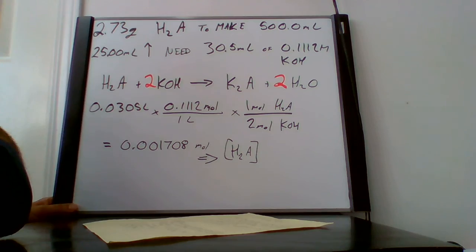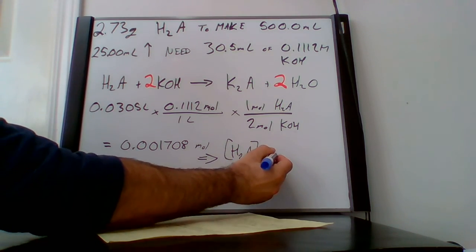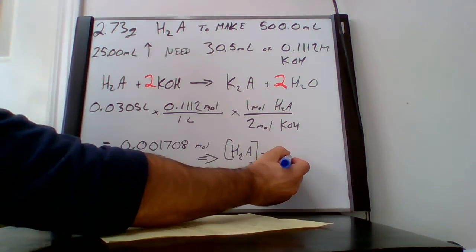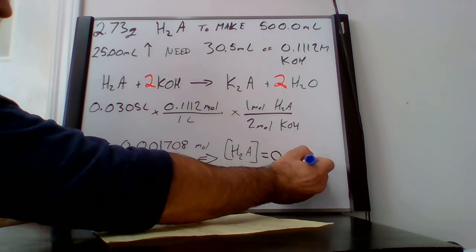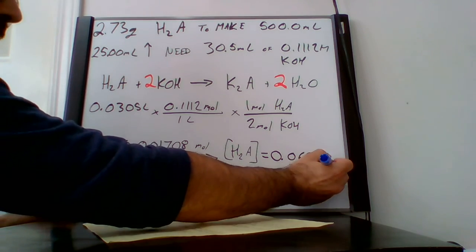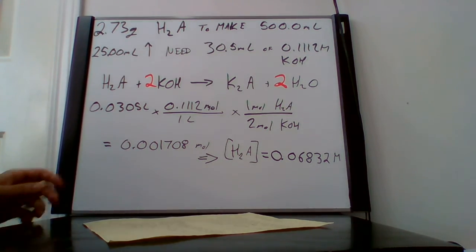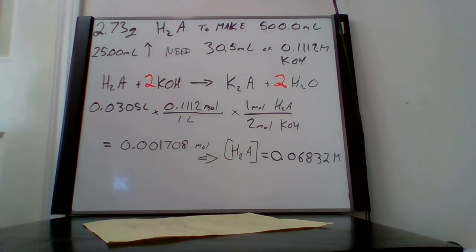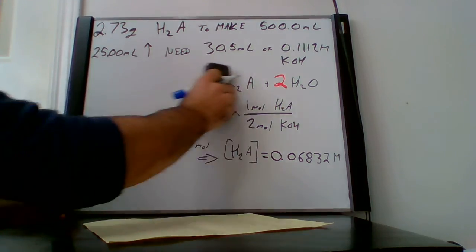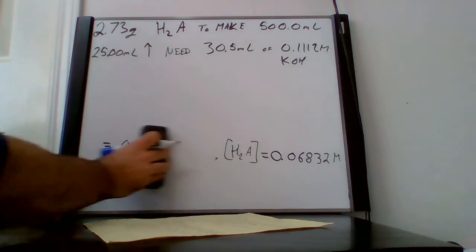And so this gives me a concentration of 0.06832 molar. Well, now this is moles per liter. So you can get rid of this stuff here now so we can work on.